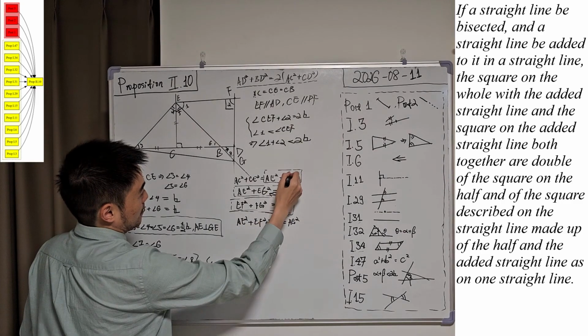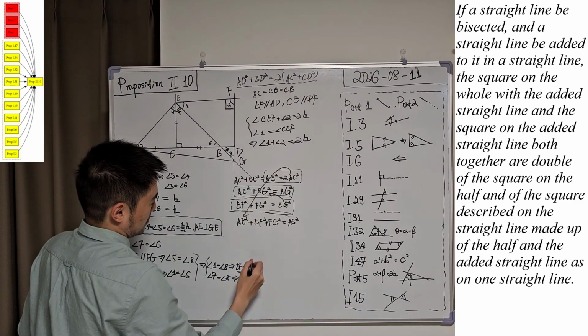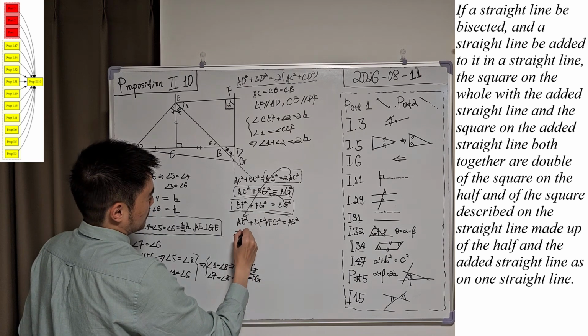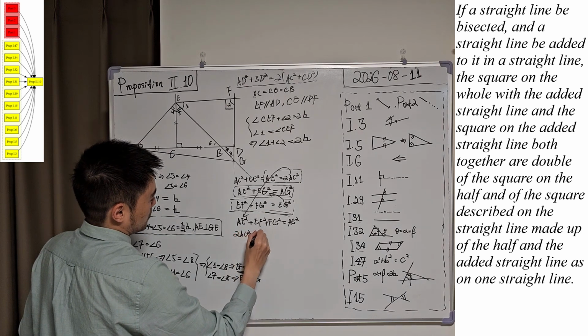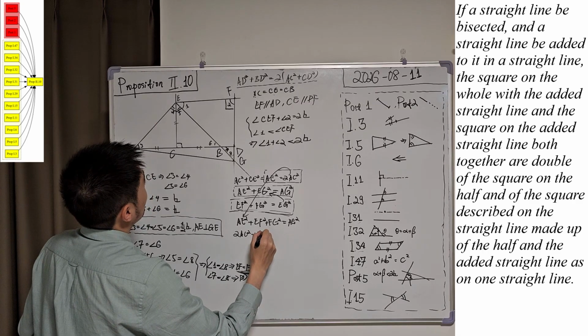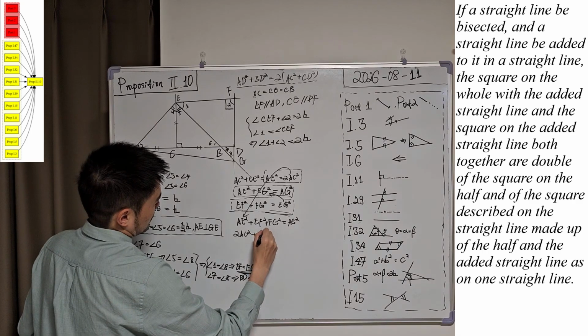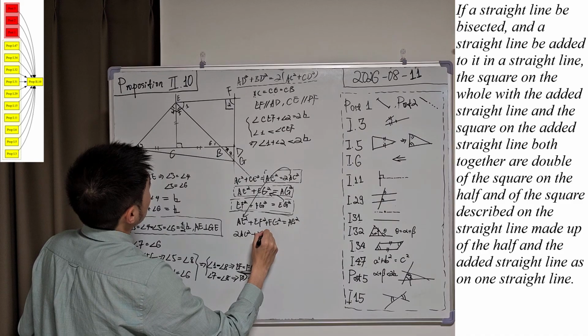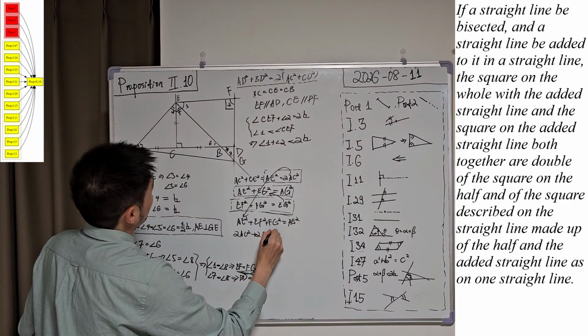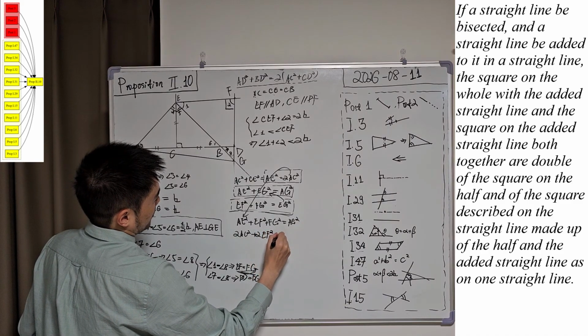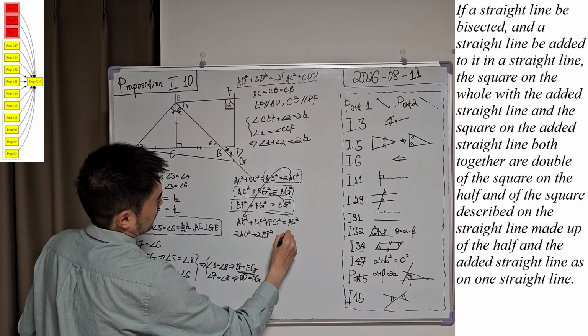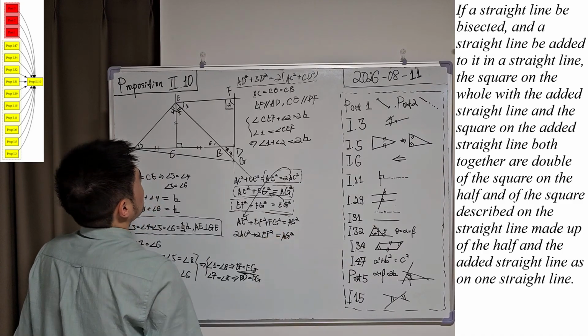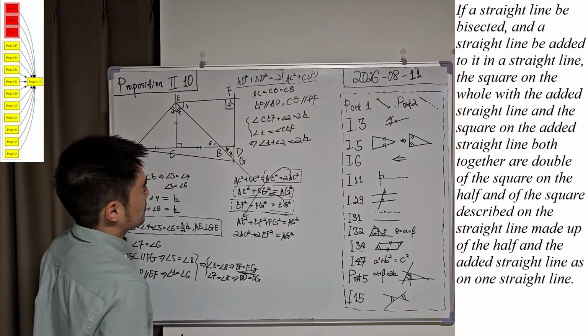So let us plug this here, and we have twice AC squared plus twice EF squared will be equal to AG squared.